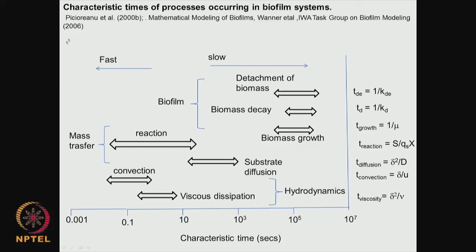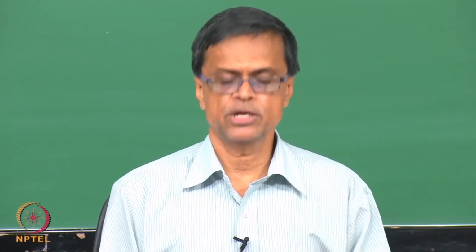Okay. So, in a typical biofilm growth, we have all these things happening: very fast processes, that is the mass transfer and hydrodynamics, and very slow processes, which are the bacterial growth, bacterial detachment and bacterial decay.